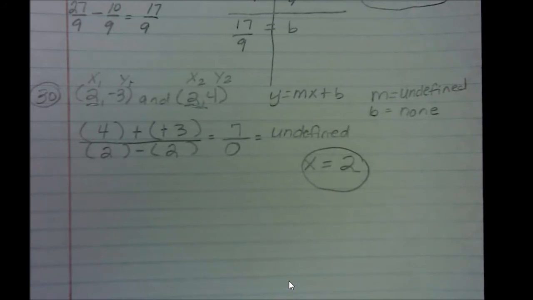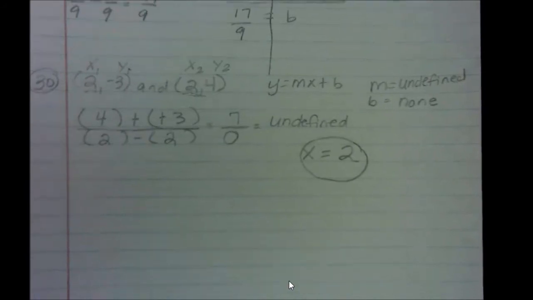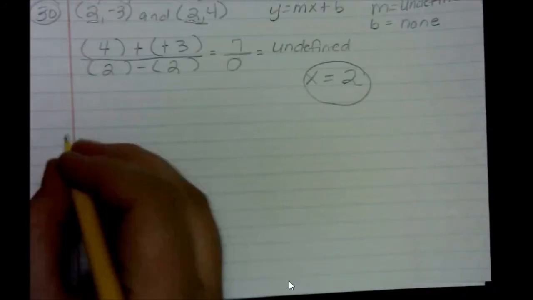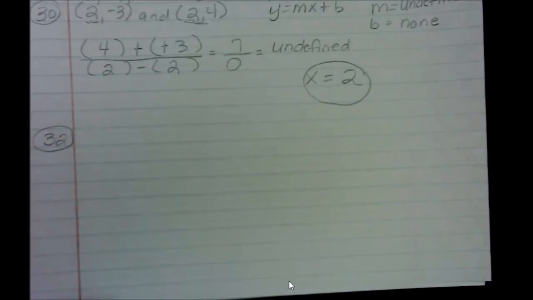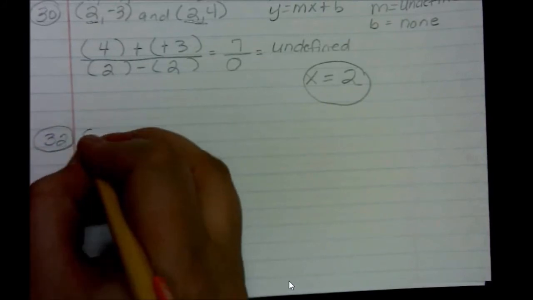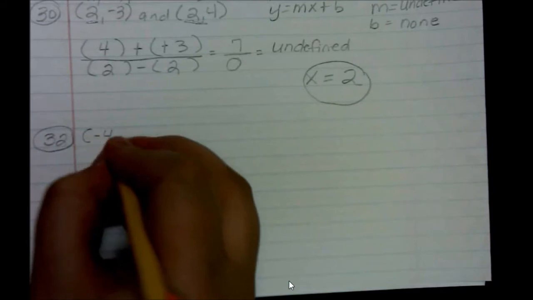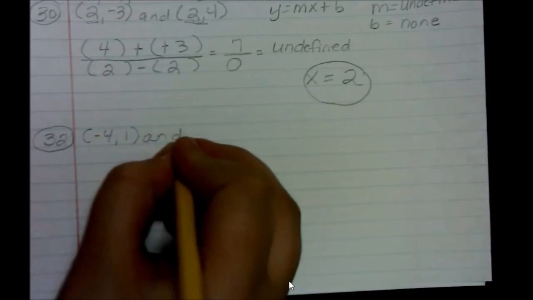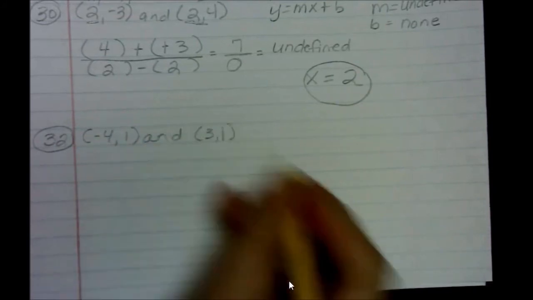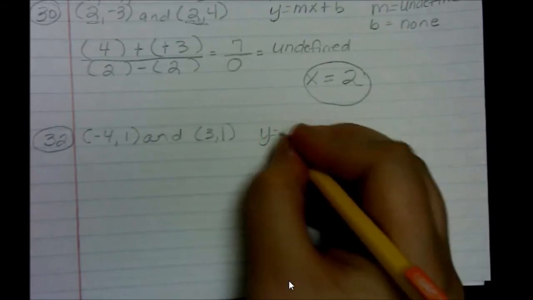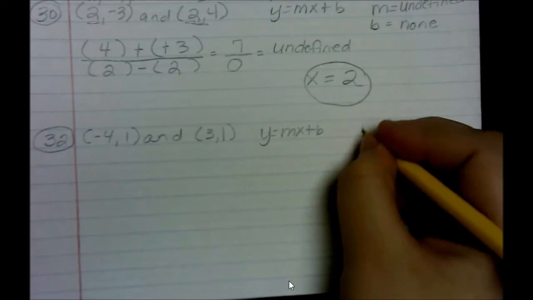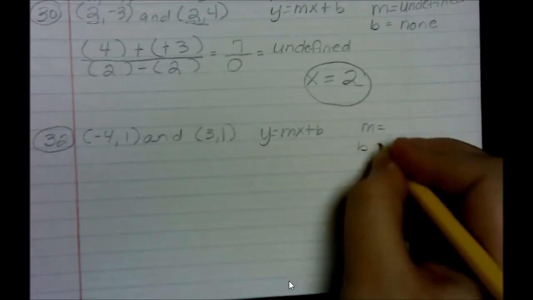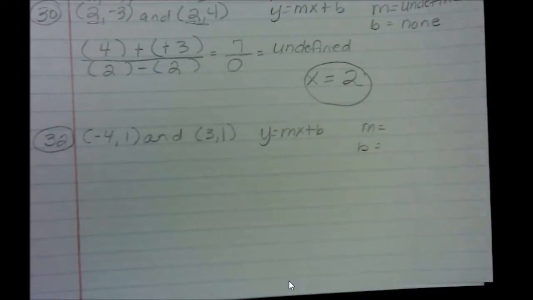Now let's go ahead and finish number 32 to conclude this objective. 32 goes through the points negative 4, 1 and 3, 1. I'm first going to write the equation of a line, and my m equals and my b equals. I'm going to label my points.